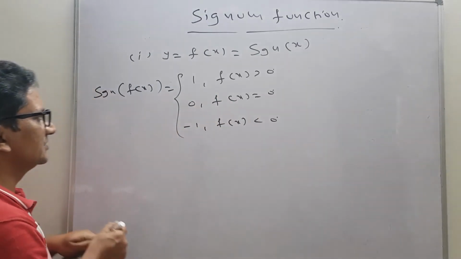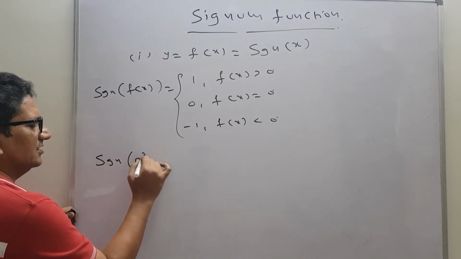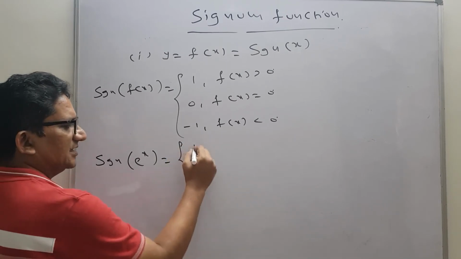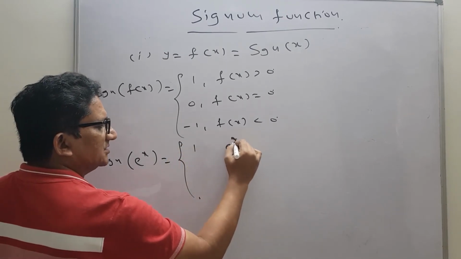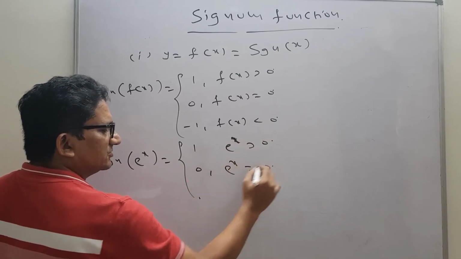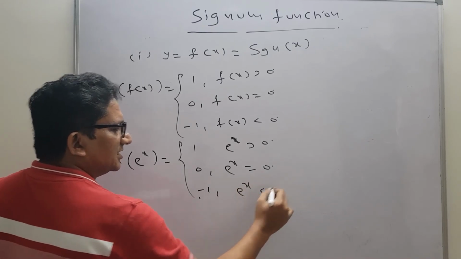The best example: here I am taking signum of e power x. Straight away we write it is 1 when e power x is greater than 0, it is 0 when e power x is equal to 0, and it is minus 1 if e power x is less than 0.